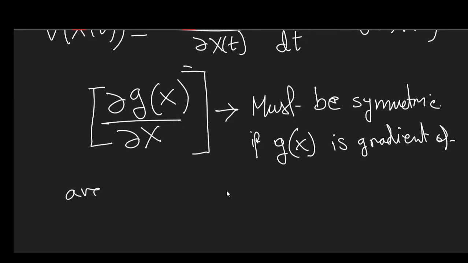Or else, as I have said, for an irrotational vector field, if you take the curl of the gradient, it should give you 0. But what does that 0 imply?